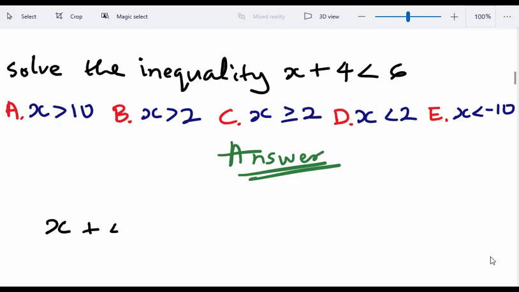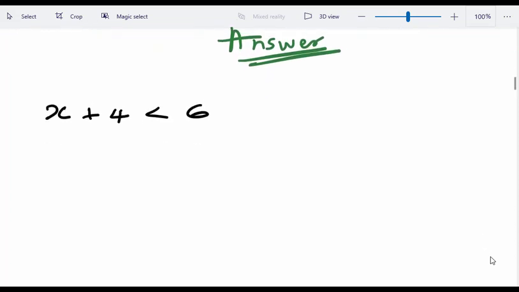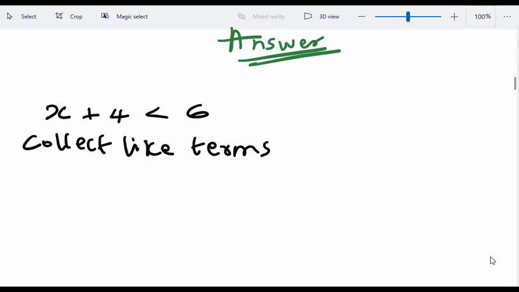x plus 4 less than 6. So you solve this the same way you solve a normal linear equation. We have 4 here, we have 6, but we have only one variable, which is x. So what we must do here is collect like terms.